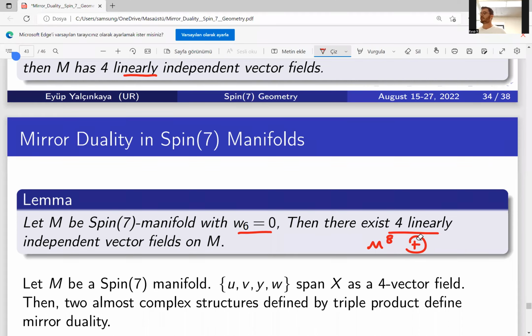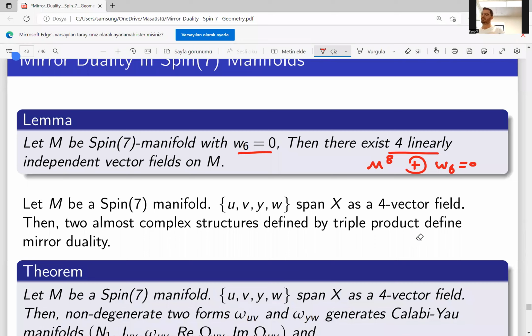From the study of mine and Salur, we have a Calabi-Yau manifold from the 2-dimensional plane.